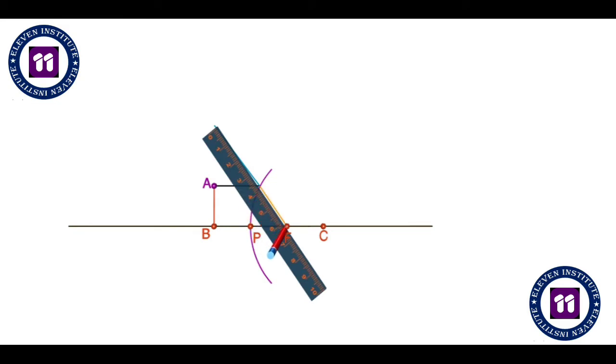See, this is a mistake from my side. The scale should be placed exactly in line with focal point and this line. Please make it very clear. This should be in a straight line, this line and this point. There is some mistake over here, but you should not repeat that mistake at home. Fine. So you have drawn the first ray.